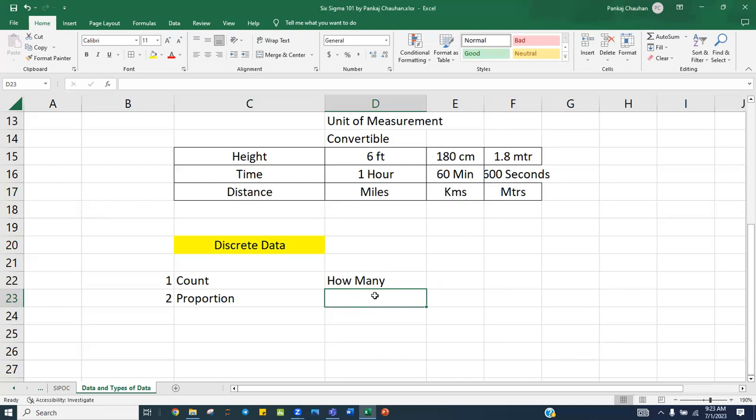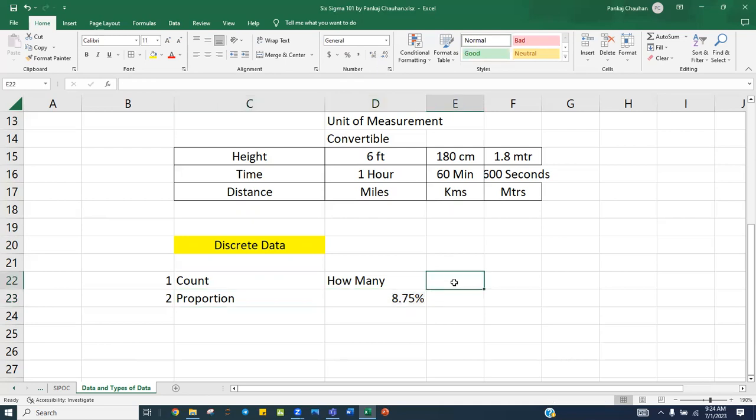Example, the number of students in your class who pass with distinction. How many students pass with distinction is just a count. But suppose 7 students passed with distinction out of maybe 80. So this value, 8.75%, is proportion data.